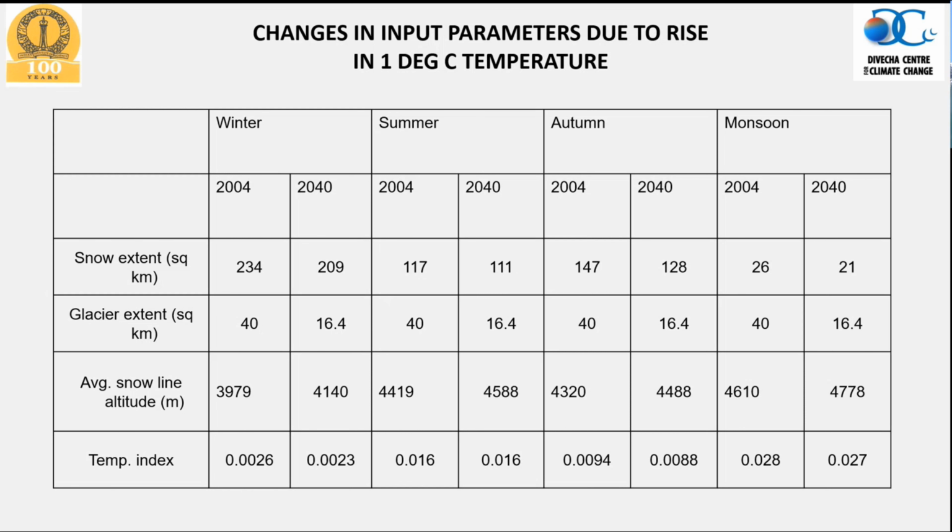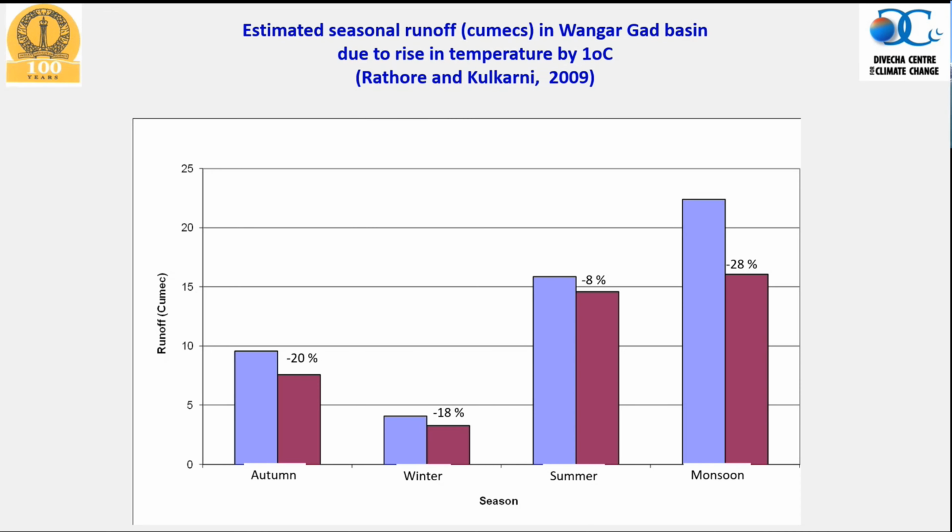Then you can also have the temperature index, how it is going to change, how the average snow line will change, how glacial extent will change. All those things you can do, and this is what was done there, and you can get how it will change. You can see here that the maximum reduction will be in autumn, winter will be 18%, summer will be 8%, and monsoon will be around 28%.